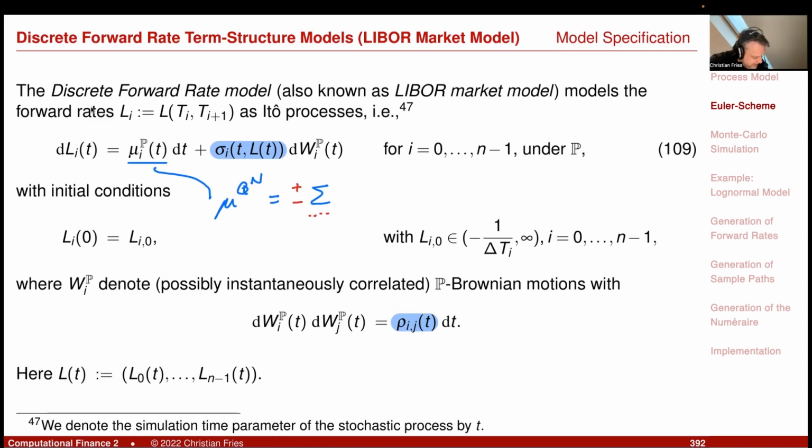And then it was that the drift mu I was a sigma I, sigma j, rho ij. So you see that in the drift there appears the sigma I.